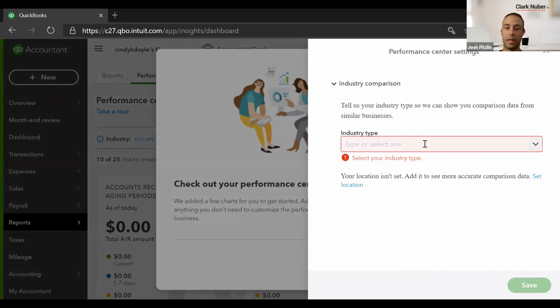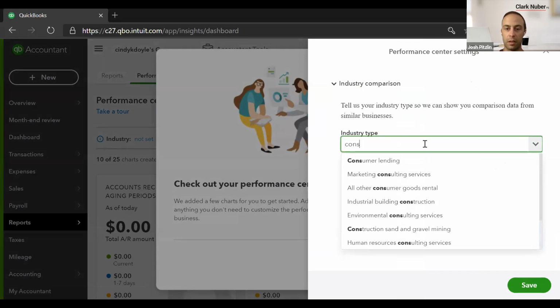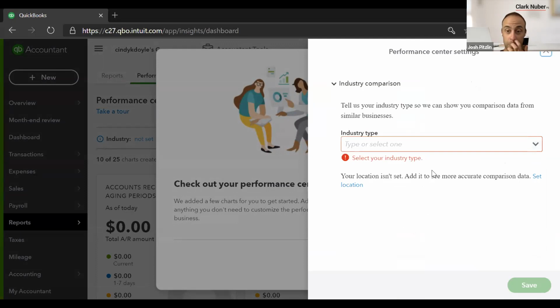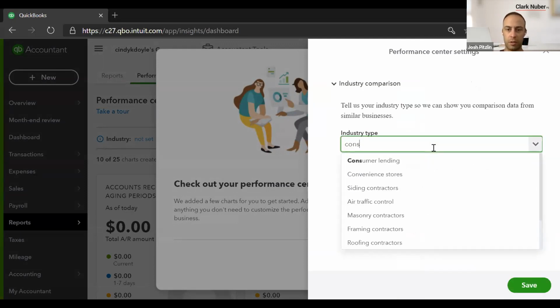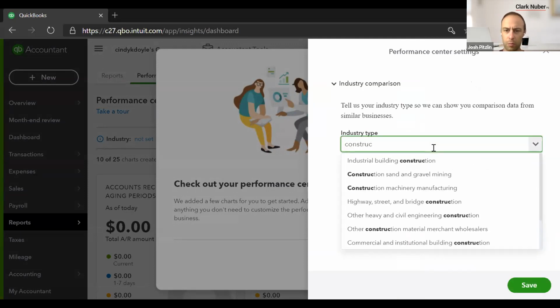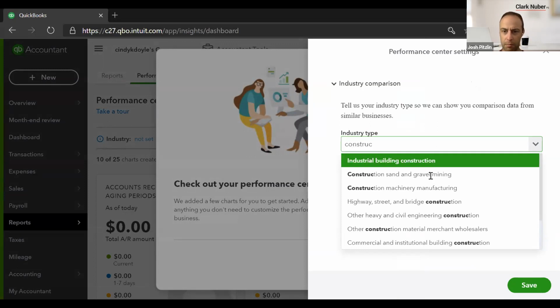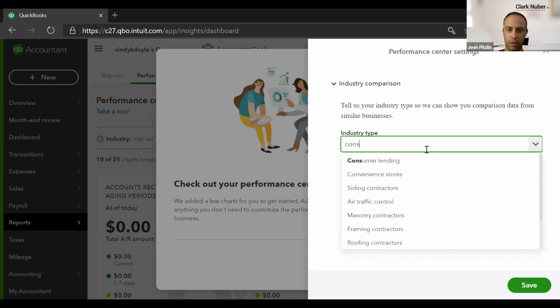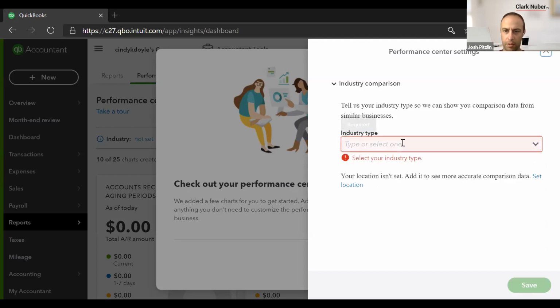So let's say I'm in construction. They're going to have multiple different types of construction, so you can choose what you're in. So let's say we do commercial and institutional. I don't know why this is being a bother.